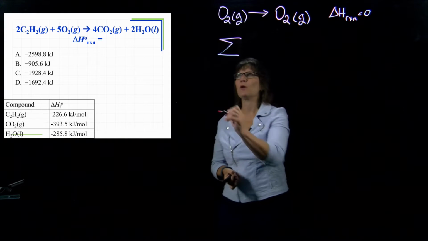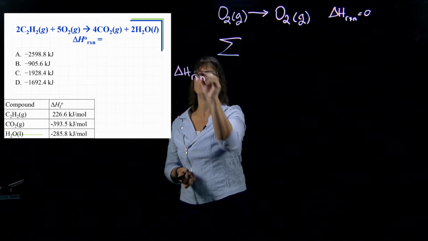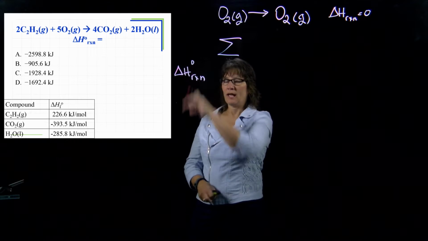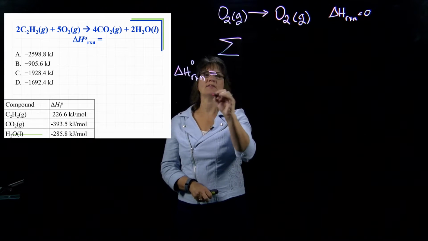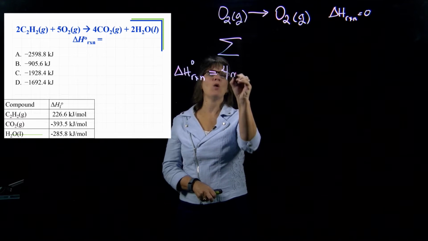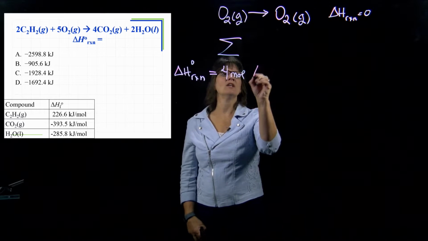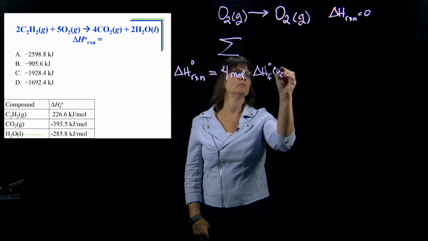We look at the equation, and we want to know the delta H of this reaction. And if we're using tables of standard heats of formation, then we're going to end up with a standard delta H for this reaction. We look at the product side, and we see that we have 4 moles of CO2. And then we're going to need the delta H of formation of CO2.